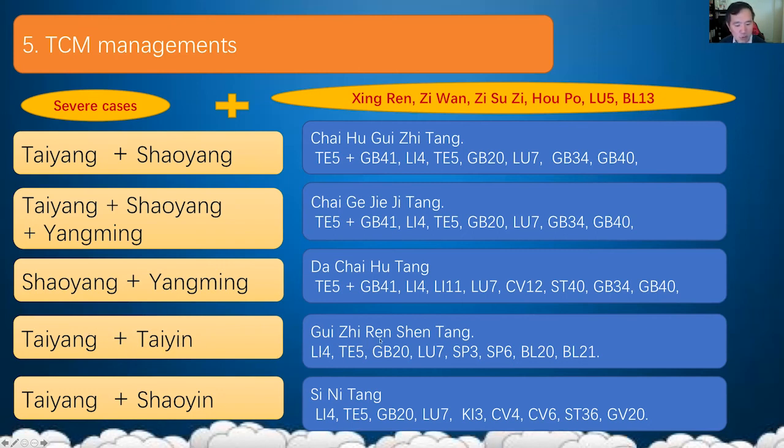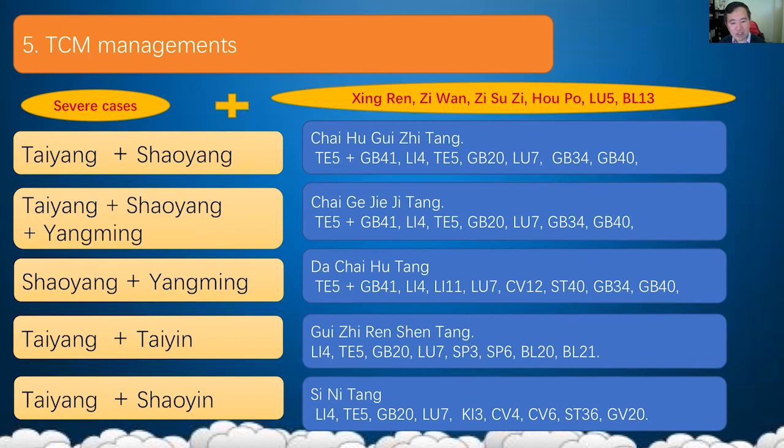Therefore, we can use Gui Zhi Ren Shen Tang. In this case, you can see that TCM is a very sophisticated way of thinking. It offers different options to give treatment. This is only according to the six-channel differentiation for the invasion of wind cold.